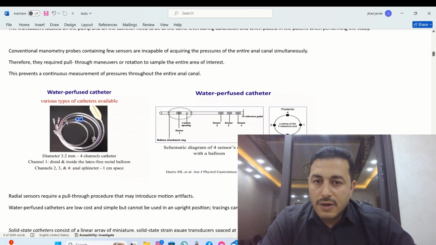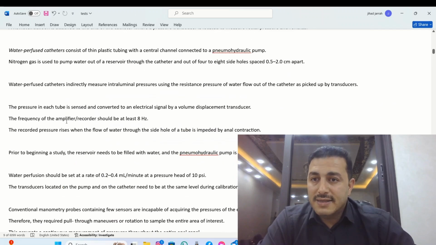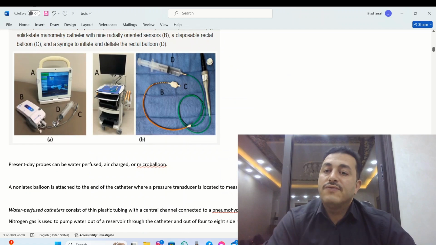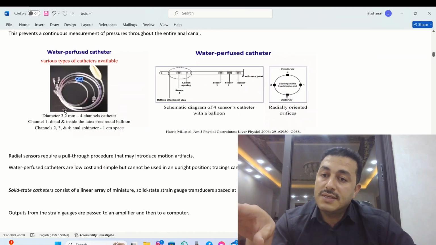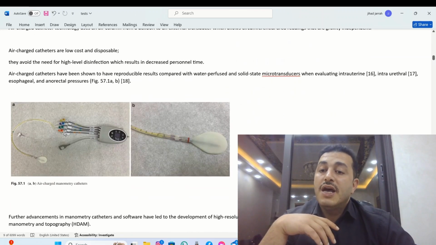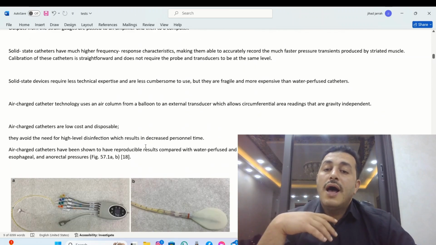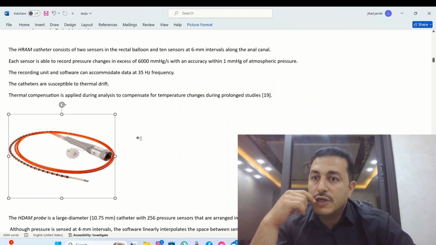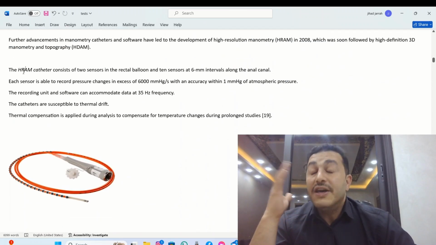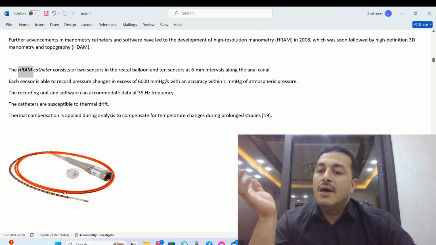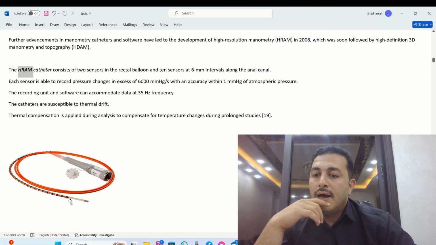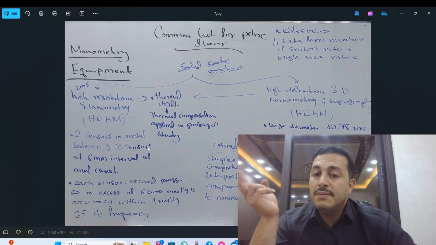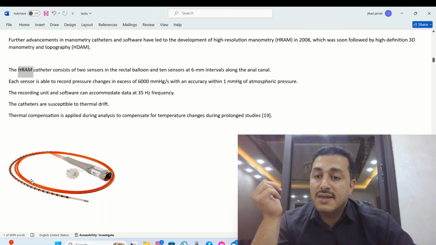Okay, I hope we discussed most of the things. Again, let's review. We have the conventional few sensors, for example water perfused and air charged. These are traditional. And we have the more advanced high definition. For the high resolution, as we said, we have two sensors in the rectum and 10 sensors in the anal canal.